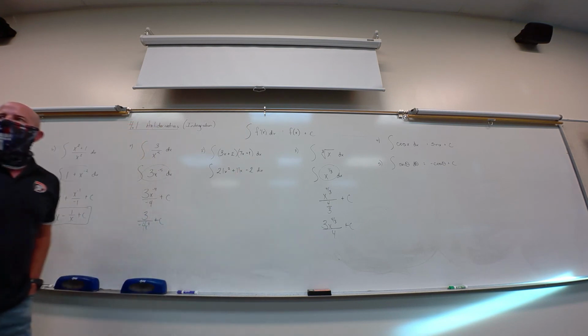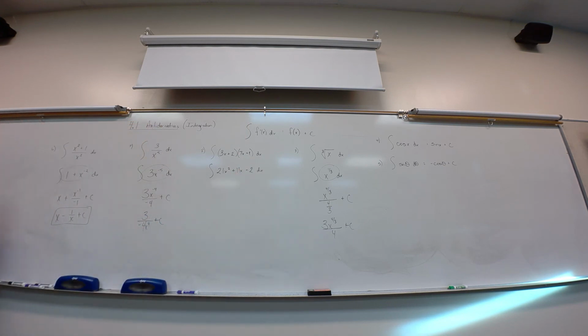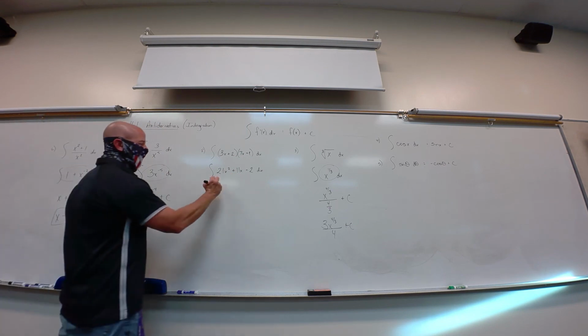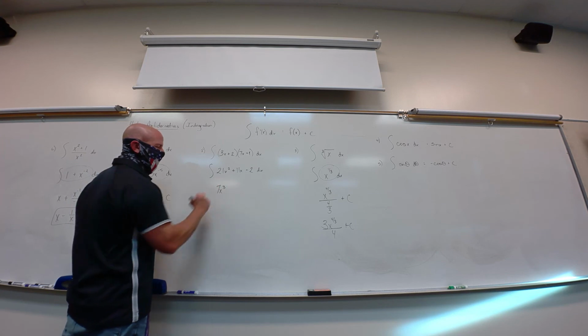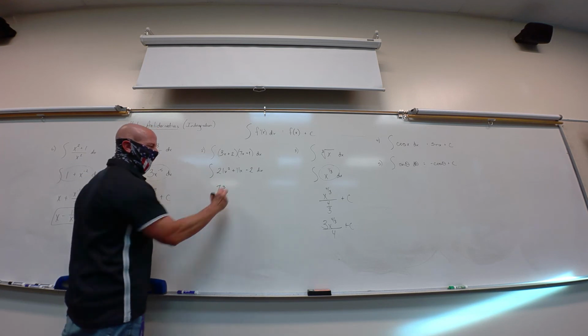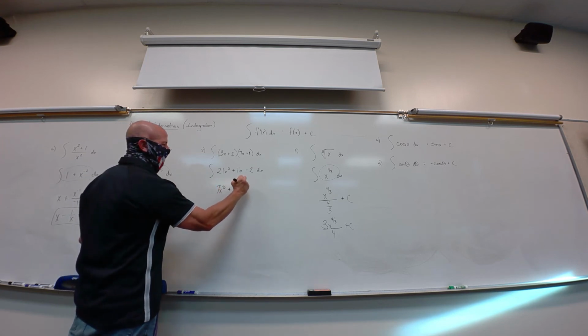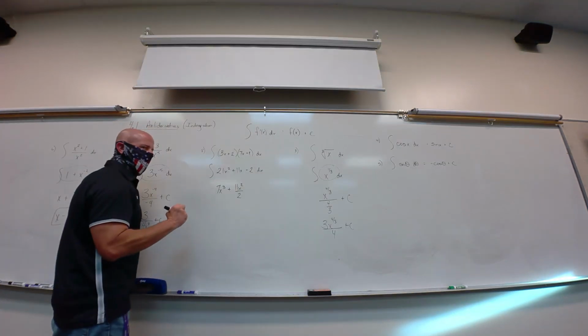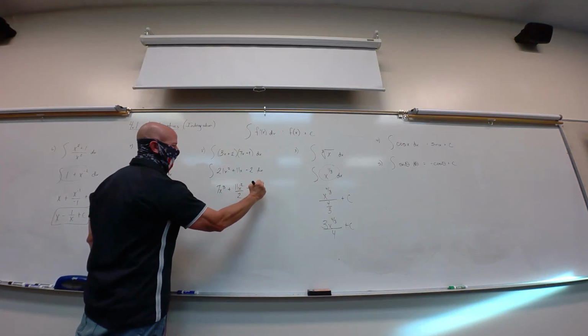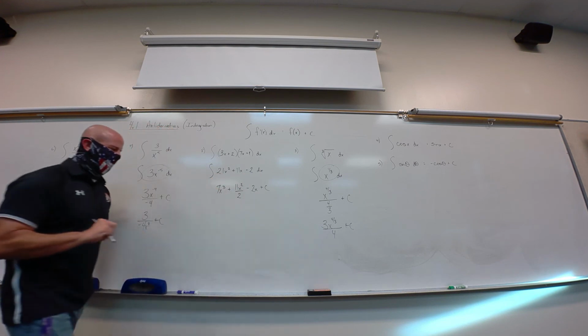Then I'm ready to go through it. So if I go up 1 power, x squared goes to x cubed. So this would be 7x cubed plus 11x squared over 2 minus 2x plus c.